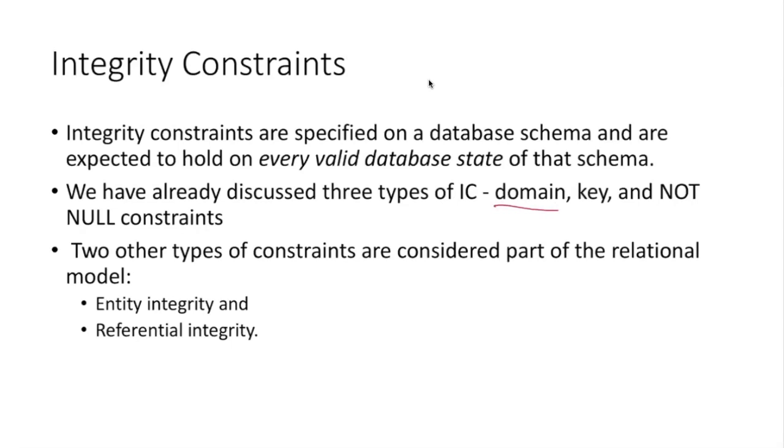So if I have a column called SSN, and the domain of SSN is characters of length 9, then for a particular tuple, the value that can be taken by SSN will be only 9-digit characters. So this is the domain constraint.